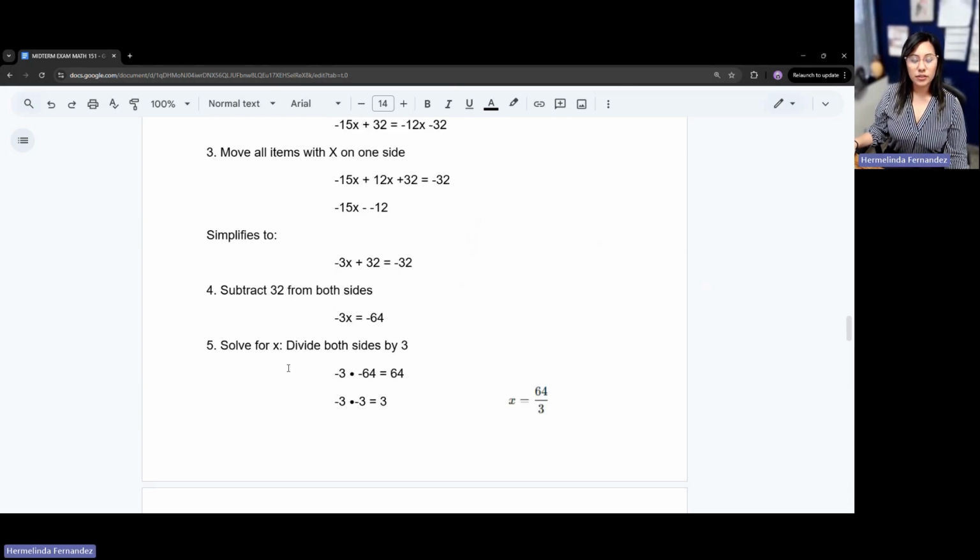From there, you solve for x by dividing both sides by negative 3. A negative times a negative equals a positive. So negative 64 divided by negative 3 will be 64 over 3. Your answer is 64 over 3.